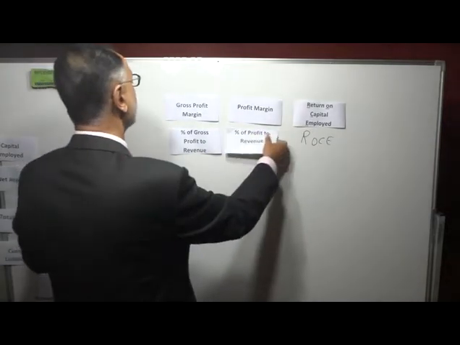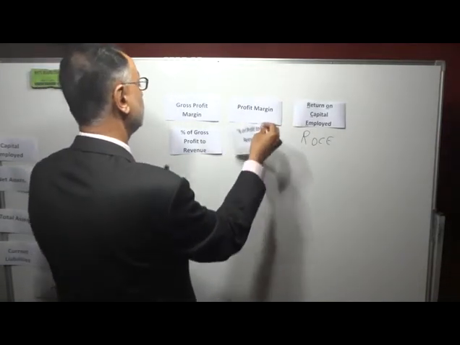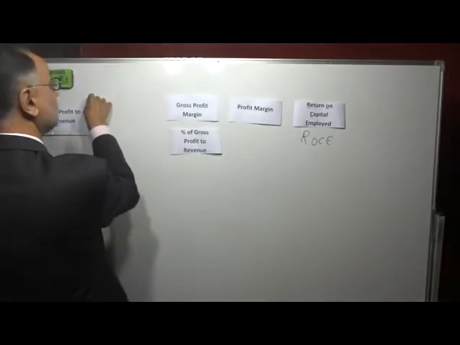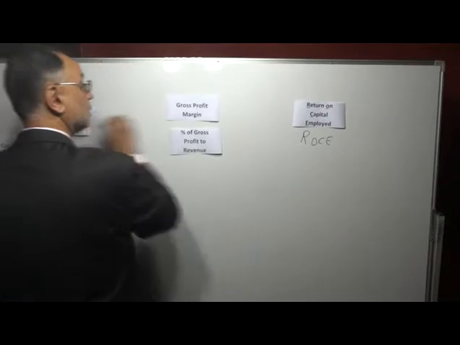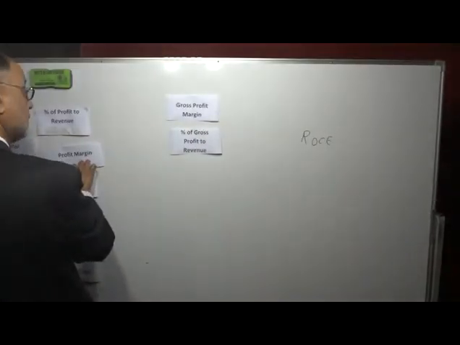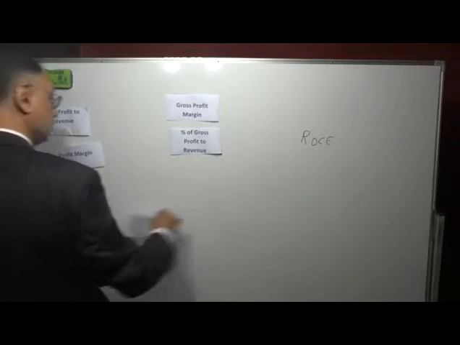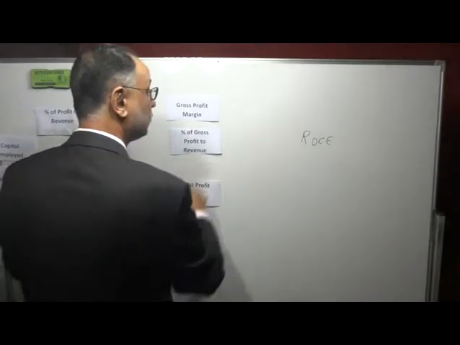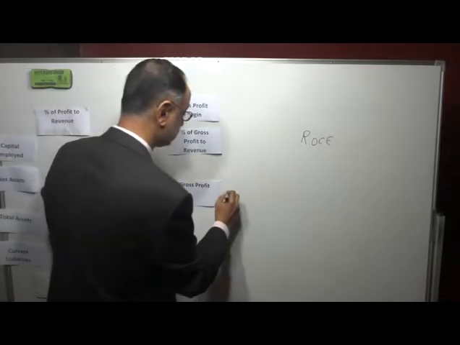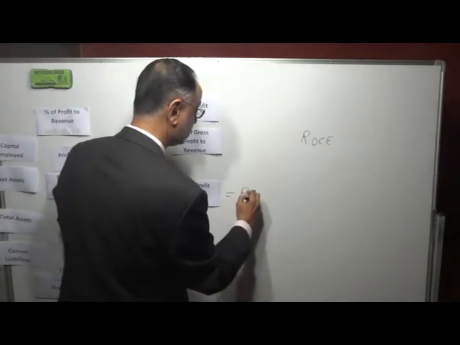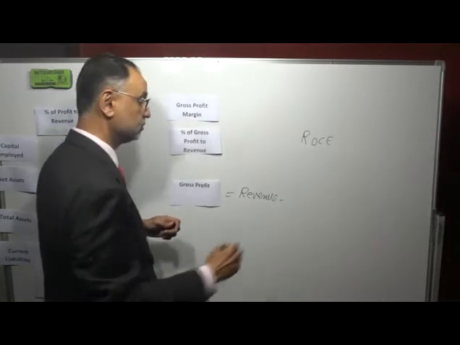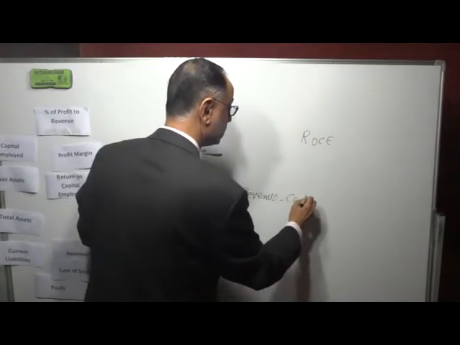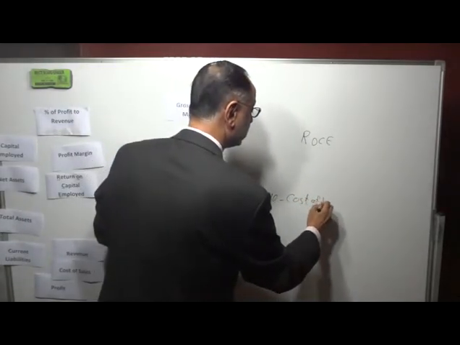We'll start with gross profit margin. The gross profit itself equals revenue minus cost of sales.